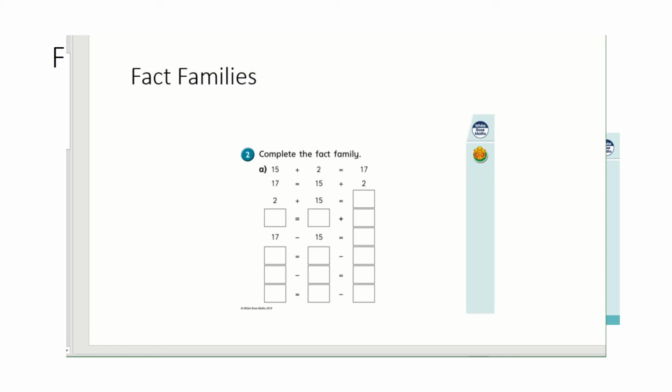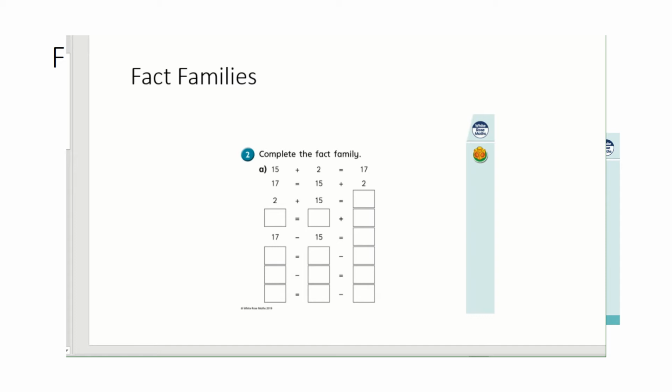Then we could have 17 equals 2 add 15. 17 subtract 15 equals 2. 2 equals 17 minus 15. 17 minus 2 equals 15. 15 equals 17 minus 2. So there's lots of ways that we can write it, can't we?